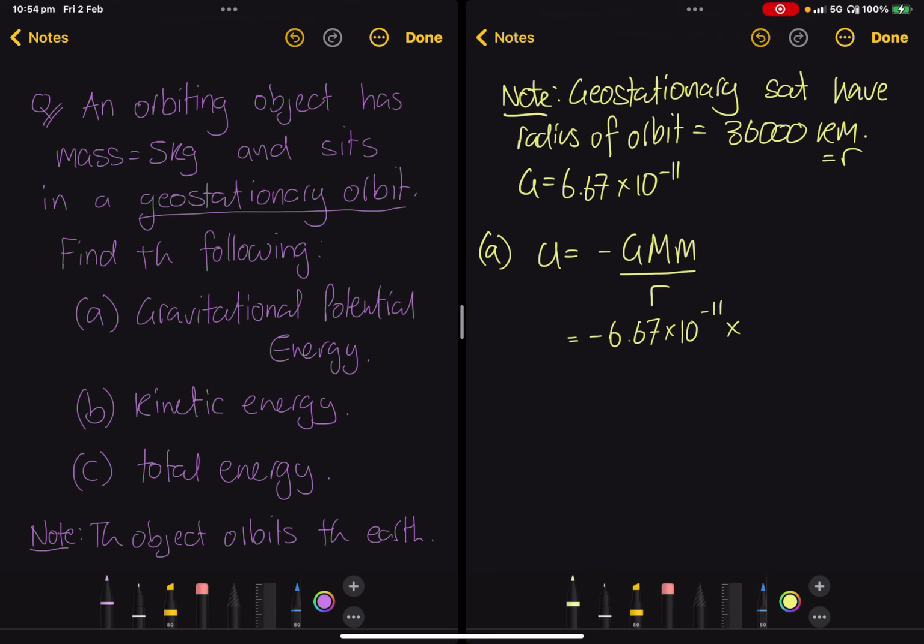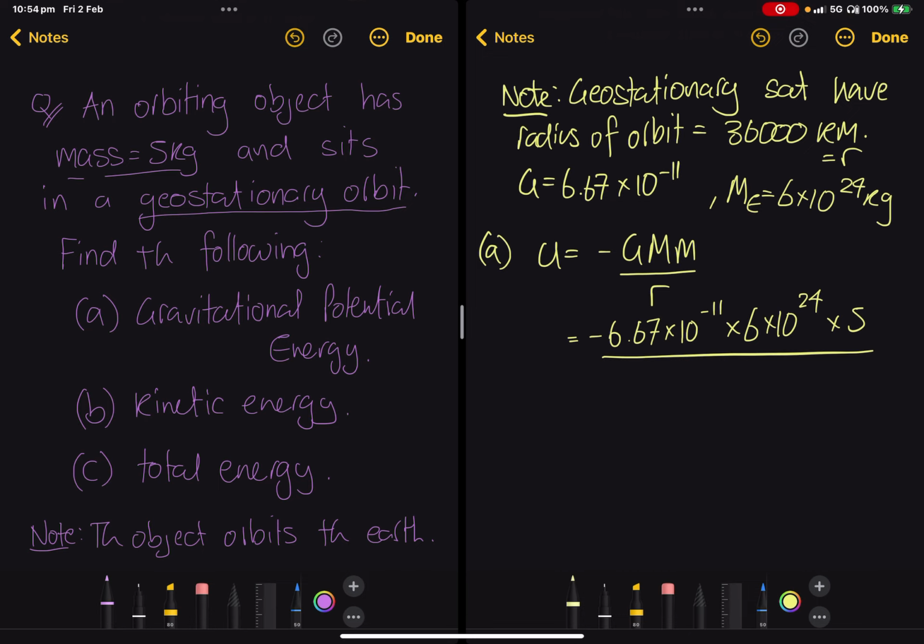Now the mass of the Earth is a number that you'll see fairly regularly. It has a few different approximations. We're going to say the mass of the Earth is 6 times 10 to the 24 kilograms. This is just an approximation, but this is the one we're going to use. 6 times 10 to the 24 multiplied by the mass of the orbiting satellite. Well, that's 5 kilograms. This is divided by the radius of orbit, which is 36,000 kilometers.